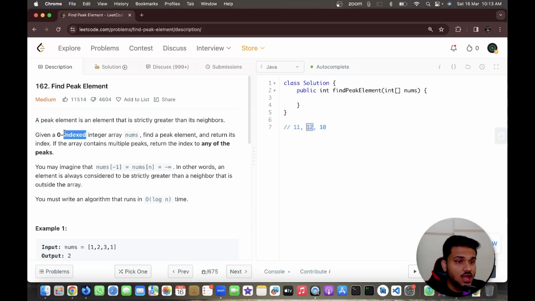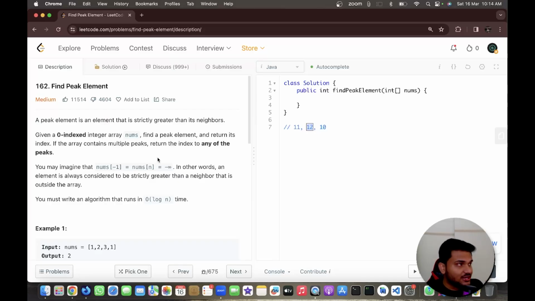Now, given a zero indexed integer array nums, find a peak element. So you have been given a zero indexed integer array, right? The given integer array is zero based indexed, and you need to find a peak element and return the index.